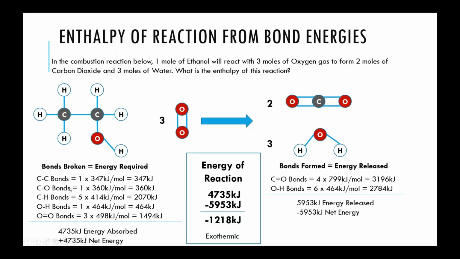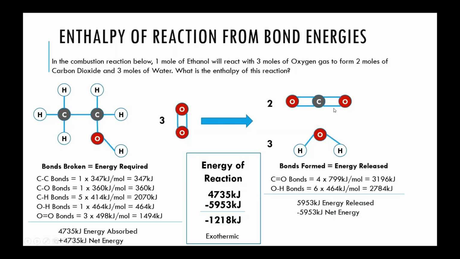So each of them requires that bond energy to break. So this is how much energy is input into this reaction in order to break all of these bonds. So the reaction itself absorbed 4,735 kilojoules of energy per reaction, or per mole of reaction.